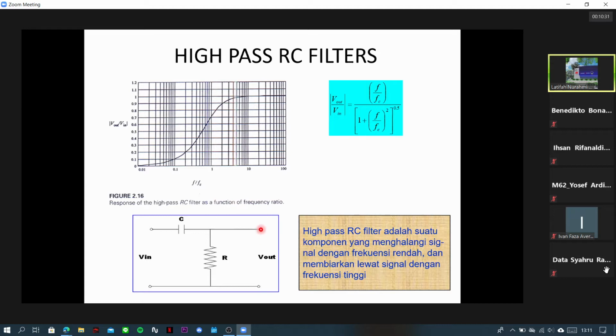The behavior of the voltage ratio and the frequency ratio is also quite the opposite, because we want to take only the high frequency signals and remove all the lower frequency signals. Here is also the voltage ratio, output over input, and we have the frequency that we want to remove and the critical frequency where the limit is set.